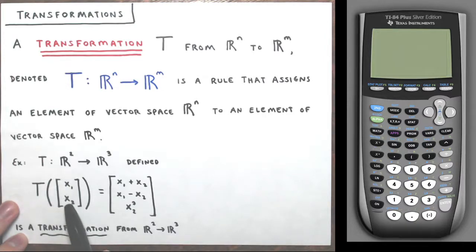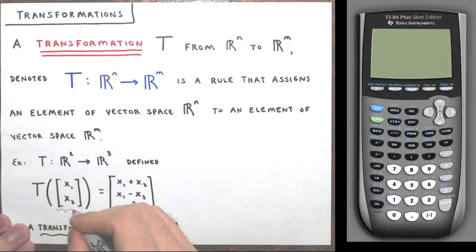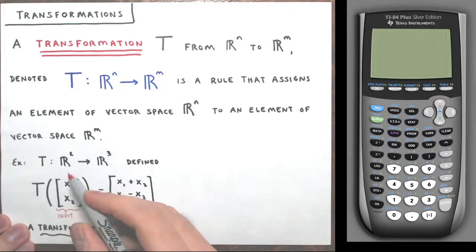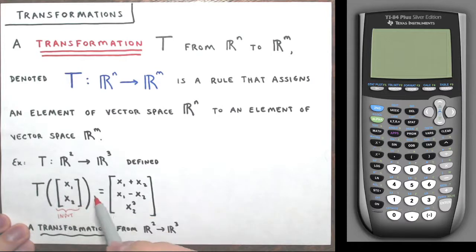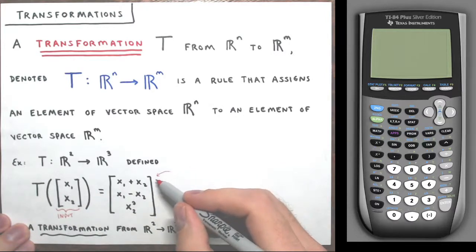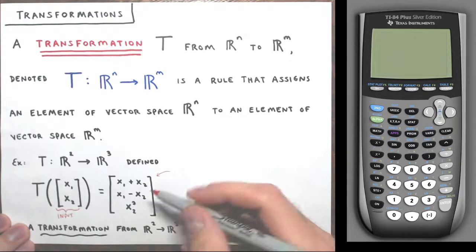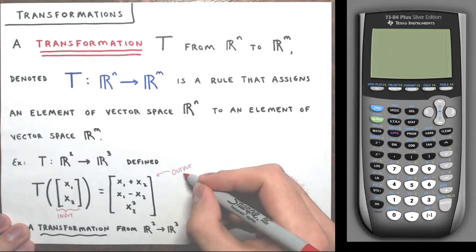Then in parentheses you have your input vector or your input element. Maybe I should write that. So in the parentheses here, this is our input element. And see how it's from R2? It's a vector with two components, x1, x2. And this is equal to, and then over here, a vector from R3. It's got three components.